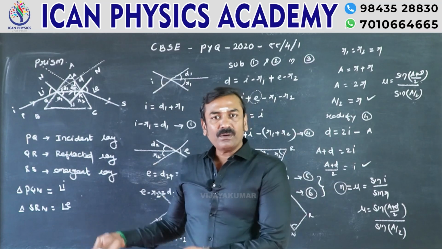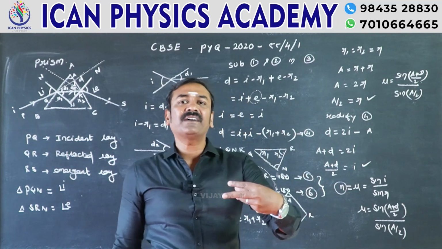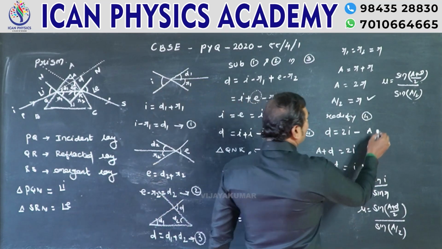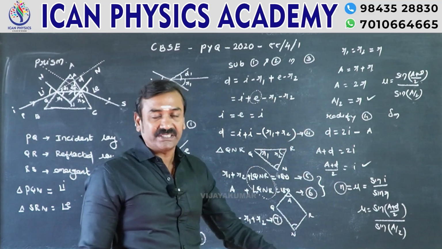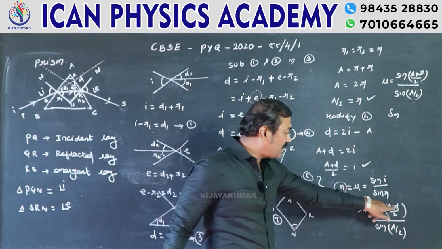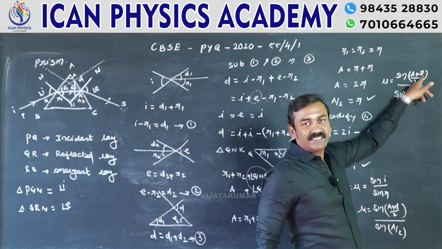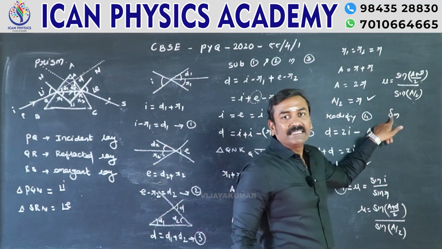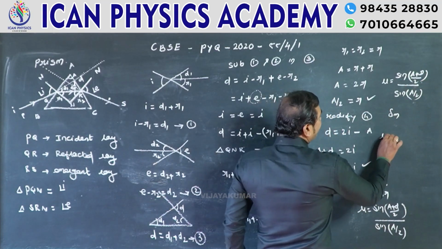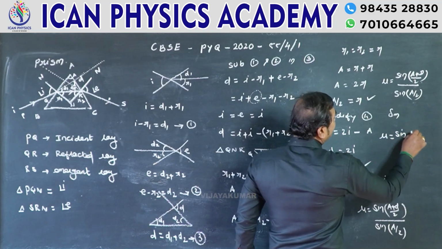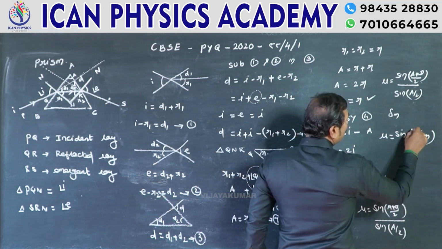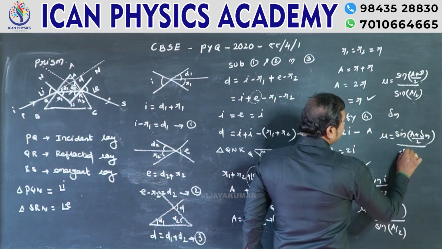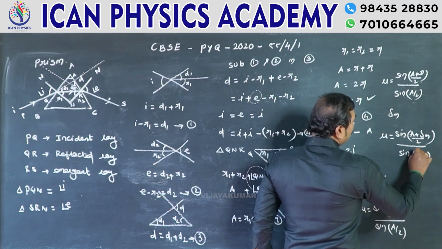Now, what have they asked in our question? They have said in terms of del m, that is the angle of minimum deviation position. So instead of small d or capital D, we can write del m. So the refractive index equals sin of A plus del m by 2 divided by sin A by 2.